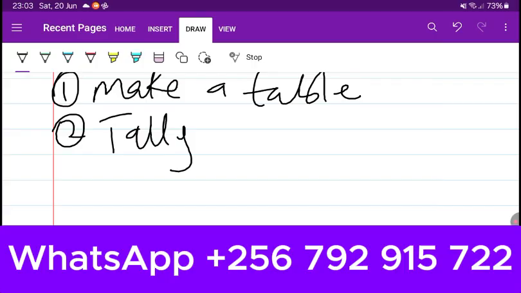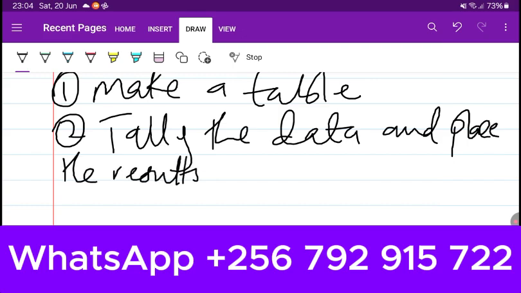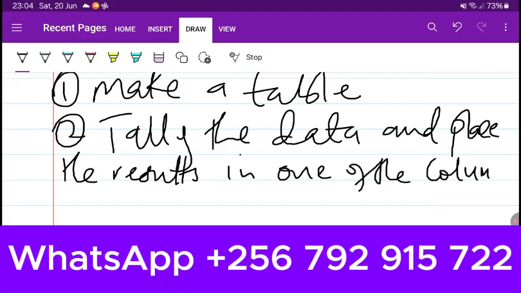You tally the data and place the results of the tallies in one of the columns, because remember we said the table is going to have rows and columns.